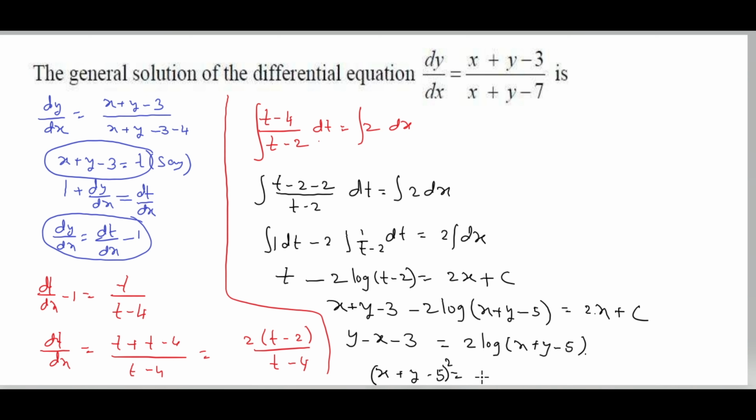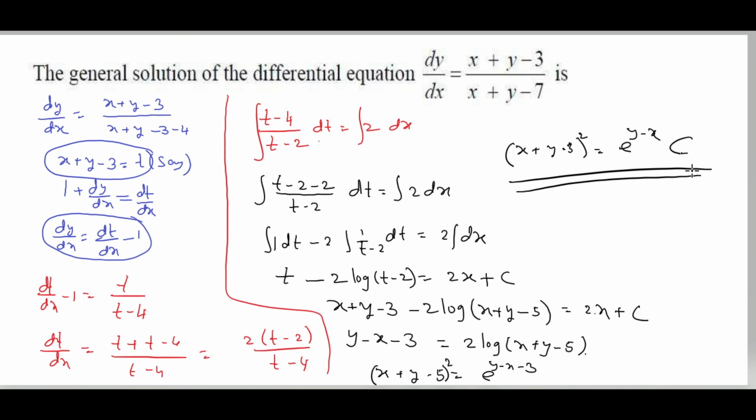Logarithm cancel on both sides, that is e to the power of y minus x minus 3. From this, x plus y minus 5 whole square is equal to e to the power of y minus x into e to the power of minus 3, that is taken as another constant c. This is the answer.